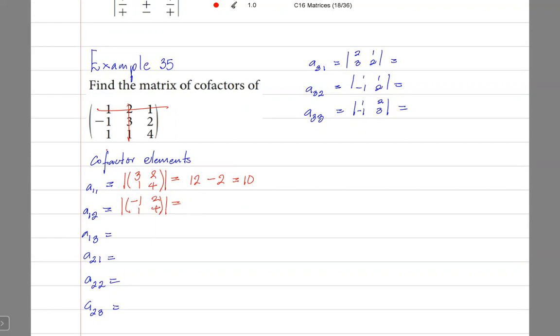The determinant here is minus 4, minus 2, which is minus 6. Now the element at the first row, third column. It's going to be the determinant of [minus 1, 1; 3, 1]. The determinant here is minus 1, minus 3, which is minus 4.